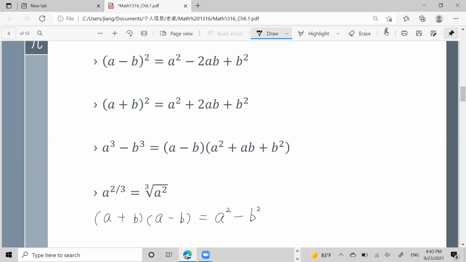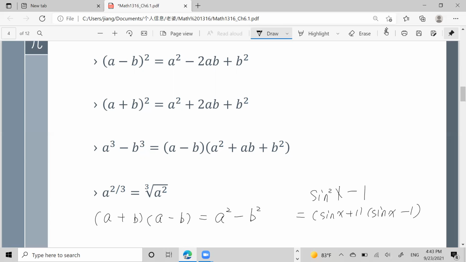So for example, if I have sine squared x minus 1, use the conjugate relationship. You need to have (sine x + 1) times (sine x - 1).